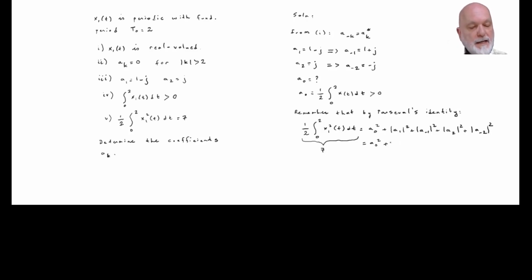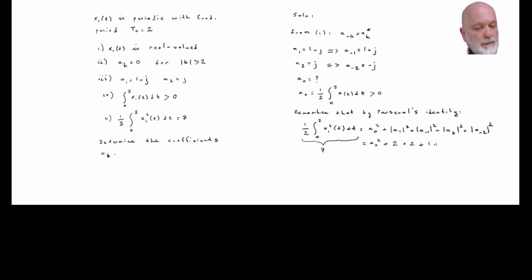So it is real part squared plus imaginary part squared, so it will be equal to 2. a minus 1 magnitude or modulus is also equal to 2, and a2 and a minus 2, the magnitudes are equal to 1.